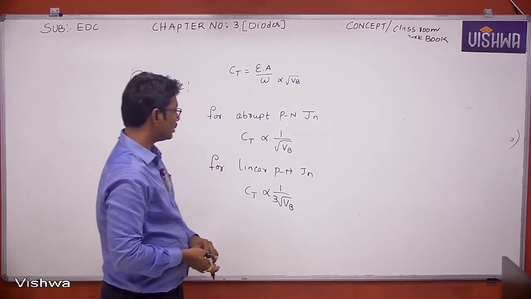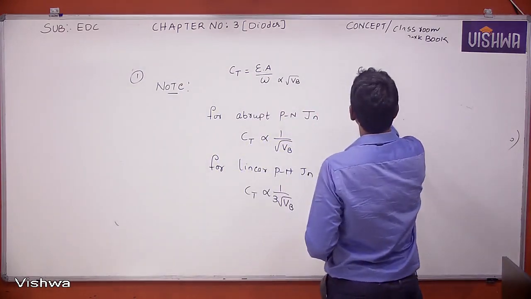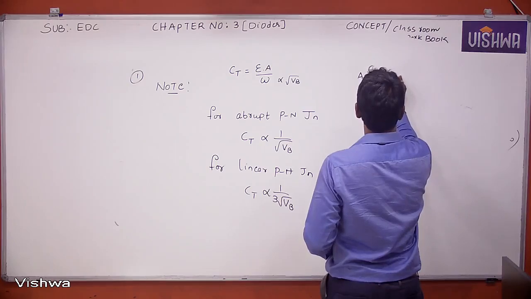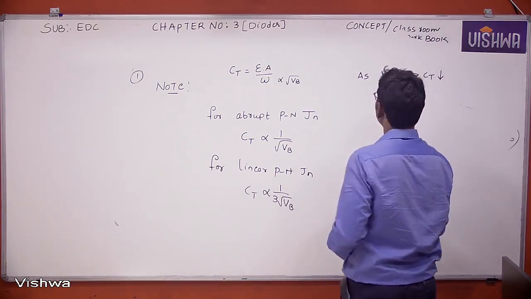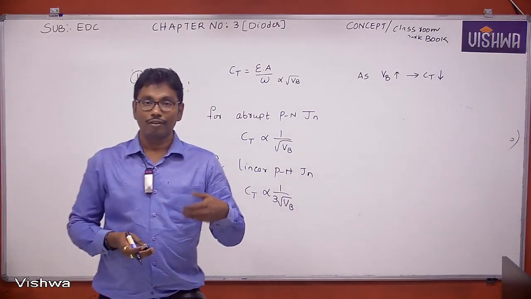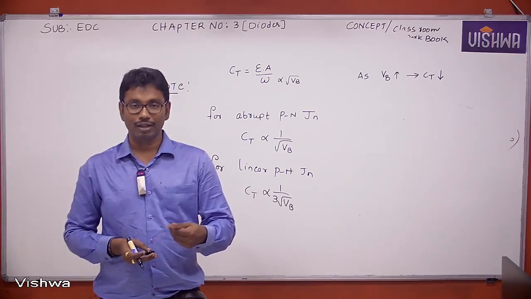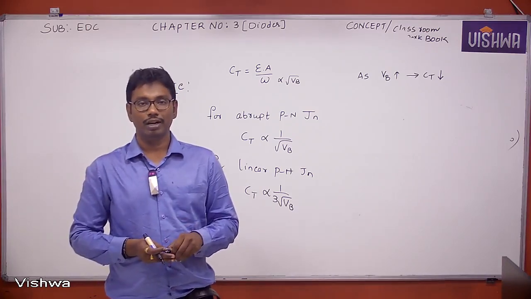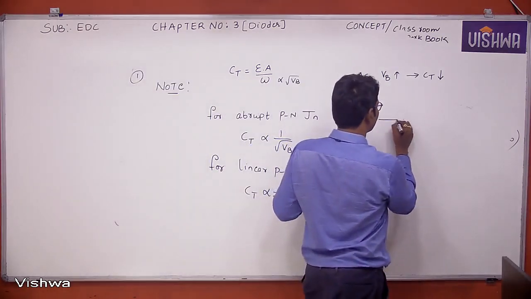From these two statements, what we can understand is that for any PN junction, as applied voltage increases, the capacitance decreases. That means the diode acts as a voltage dependent capacitor, or varactor diode, or varicap diode. What is the symbol of the varactor diode?